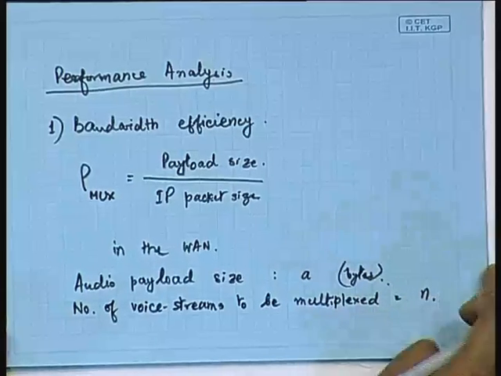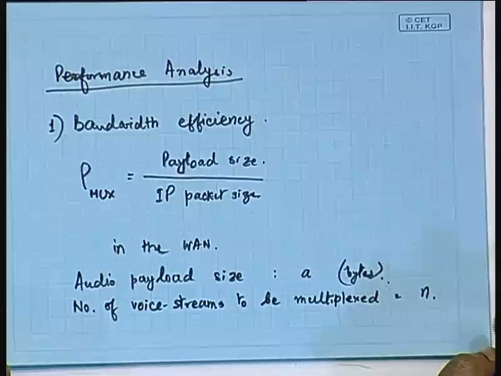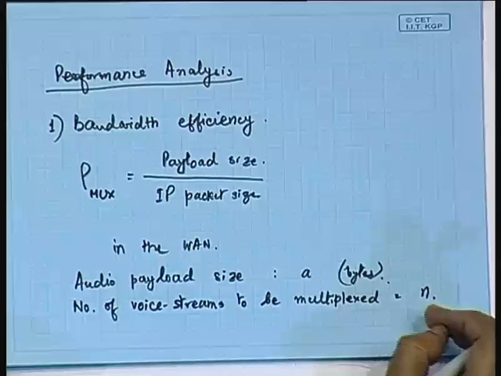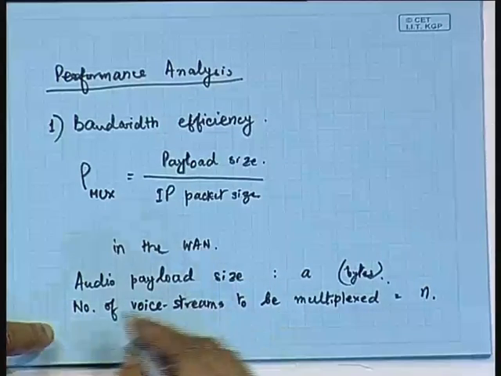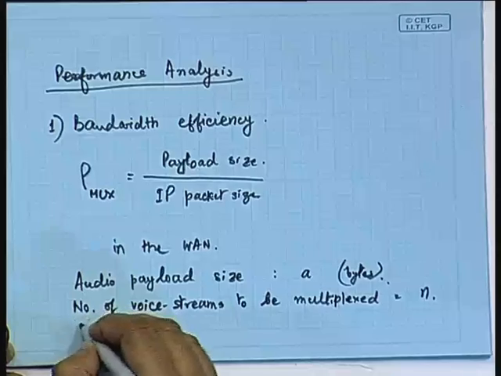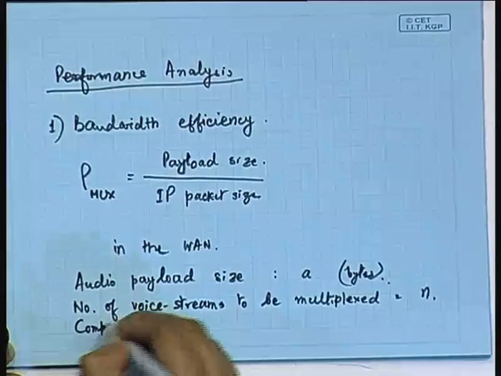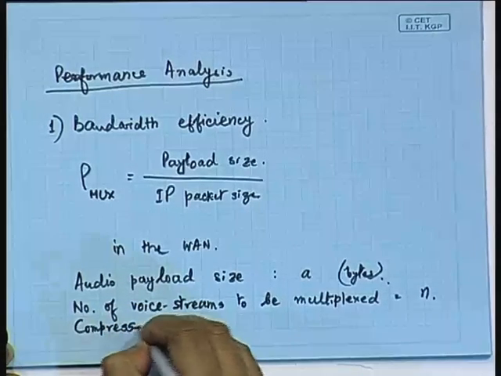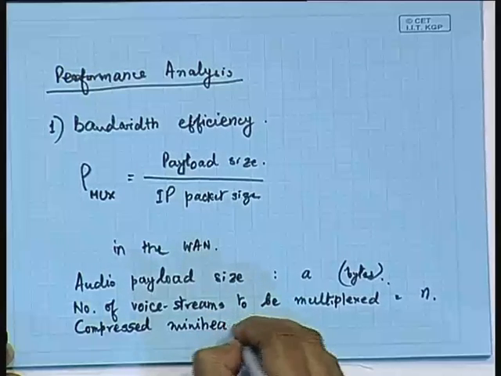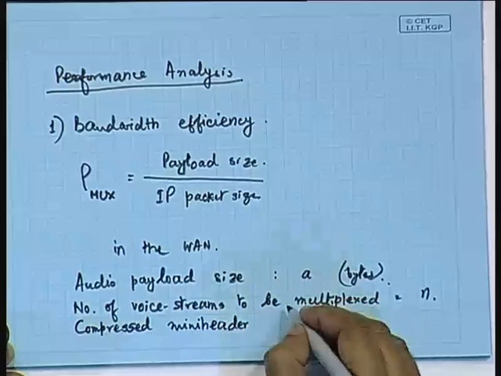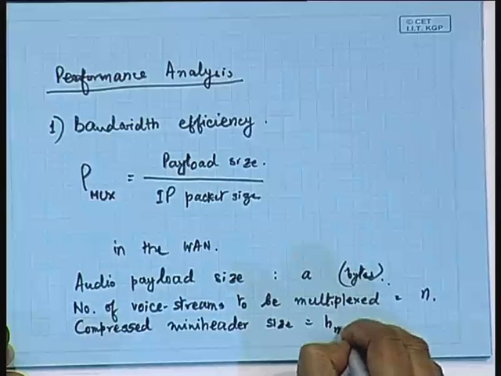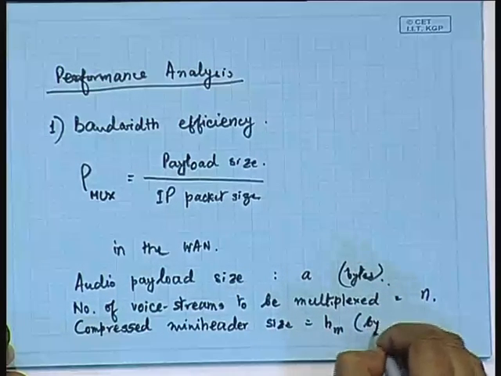Now for every stream we have got a mini header, for every such n. The compressed mini header size is, let us say, HM, in bytes.